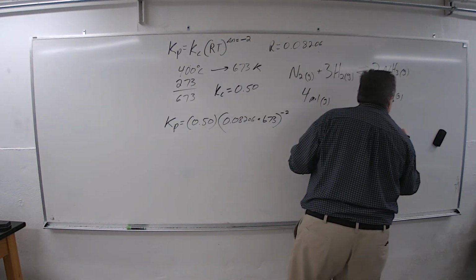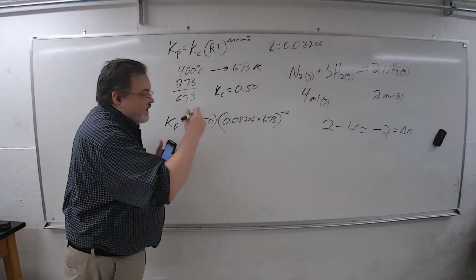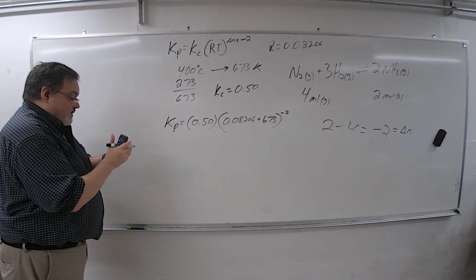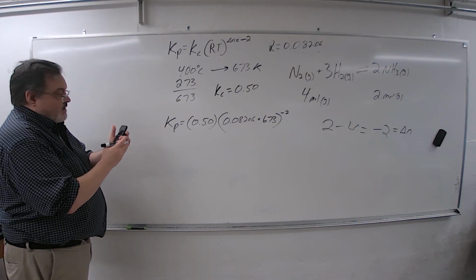This is delta. n is what we always use for moles. I don't know why it's not an m, but again, blame chemists of yore for all this.